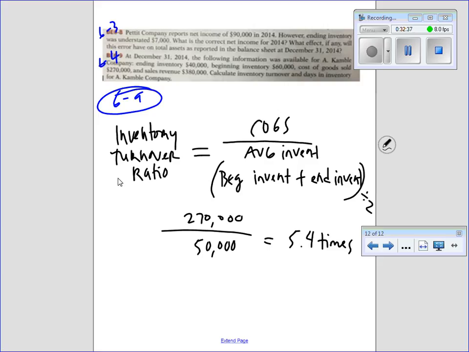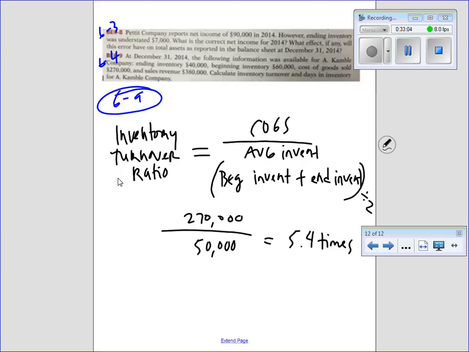Okay. 5.4 times. How many was Walmart? 9.1. So this business either is in less of a retail area, maybe doesn't move as much inventory, maybe has really expensive prices. What's that? Or large items, okay.